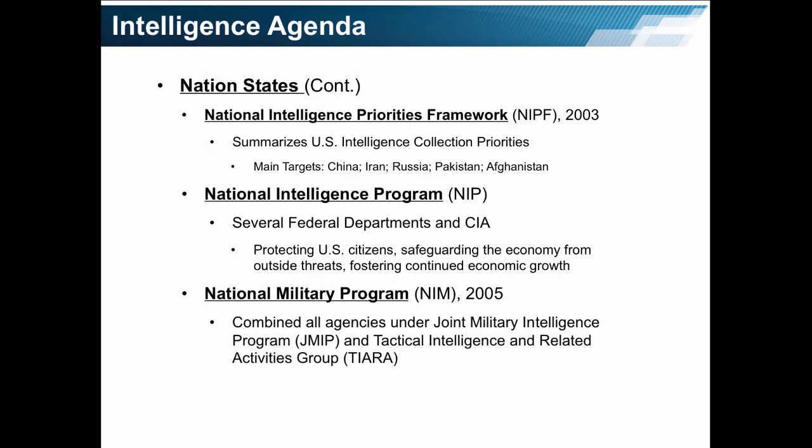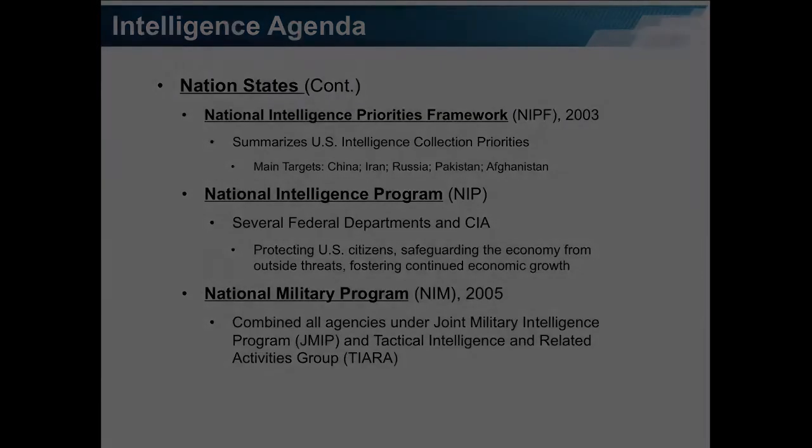It is focused on protecting US citizens, safeguarding the economy from outside threats, and fostering continued economic growth. The National Military Program combines all intelligence agencies of the military under the Joint Military Intelligence Program and also the Technical Intelligence and Related Activities Group.